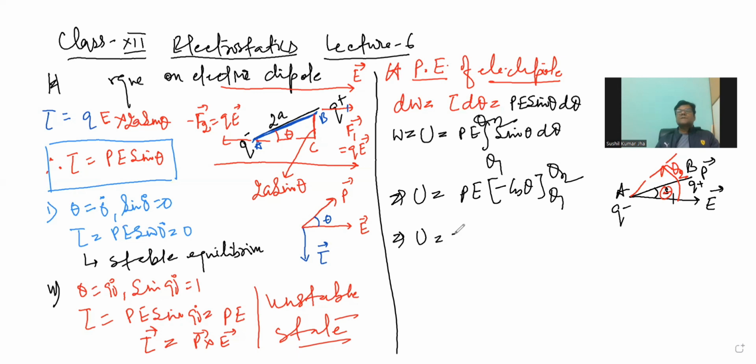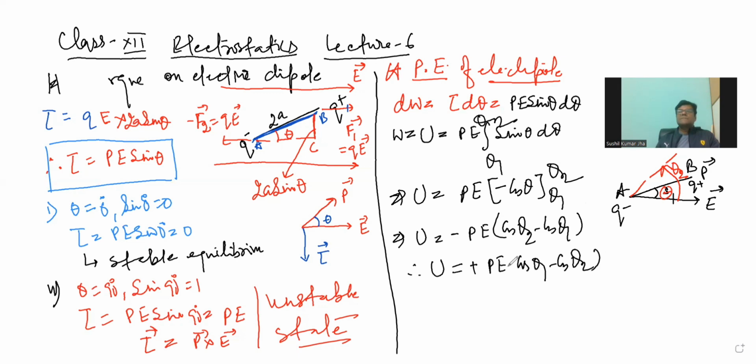So U, let's write minus before PE, and this becomes cos theta 2 minus cos theta 1. Therefore, we may write this U as minus, and minus can be converted into plus, if you want to write it as plus, then cos theta 1 minus cos theta 2.